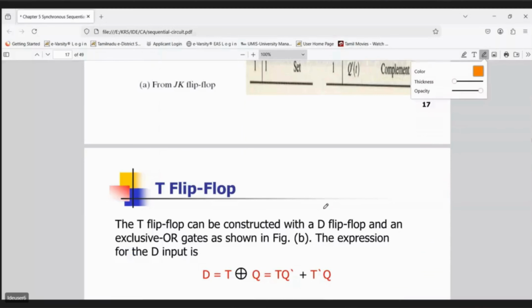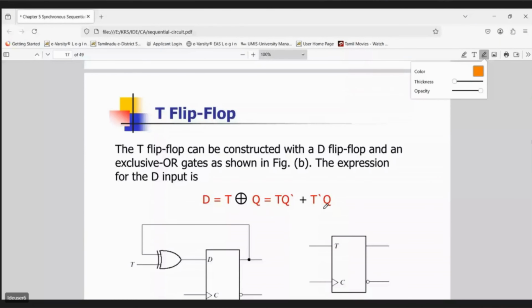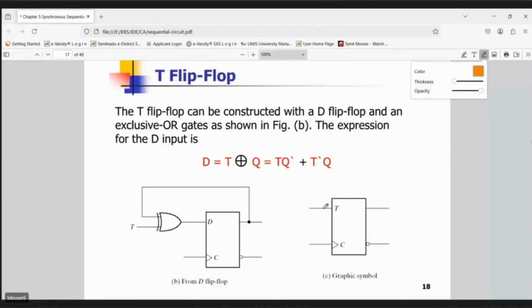The T flip-flop can be constructed with a D flip-flop and an exclusive OR gate as shown in the figure.